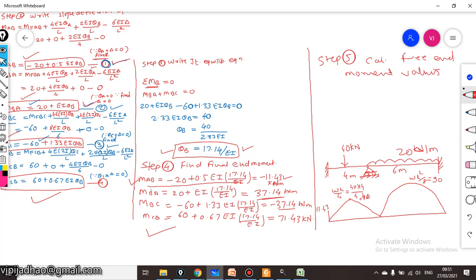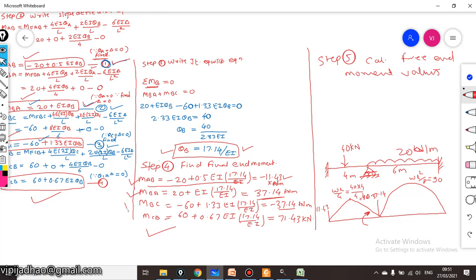Now we draw MBA, 37.14. This is a positive bending moment, therefore we draw it on the positive face, the clockwise face. So we draw this here, 37.14.